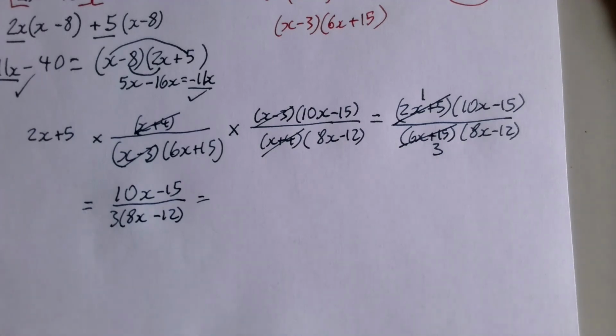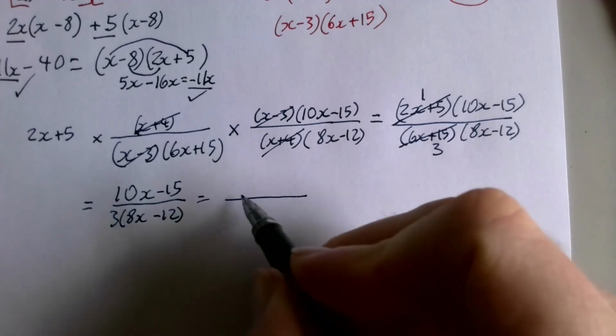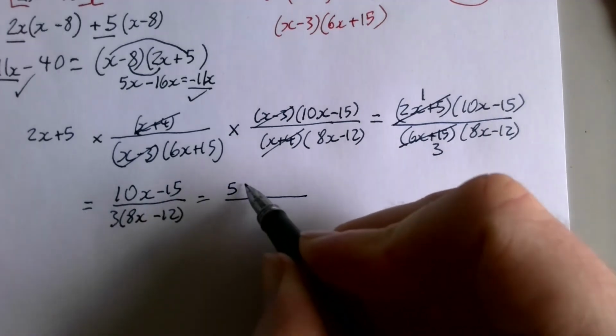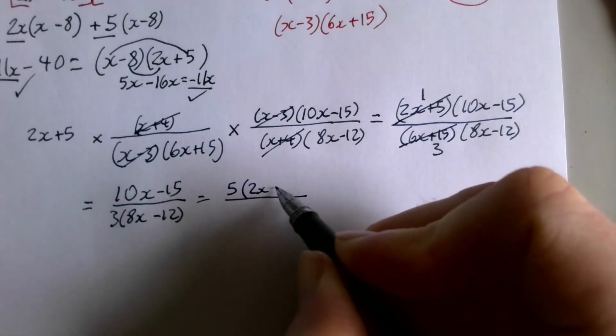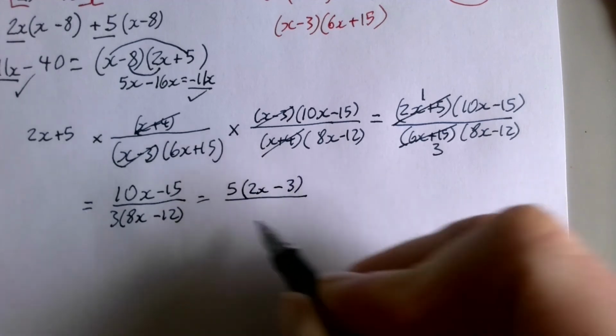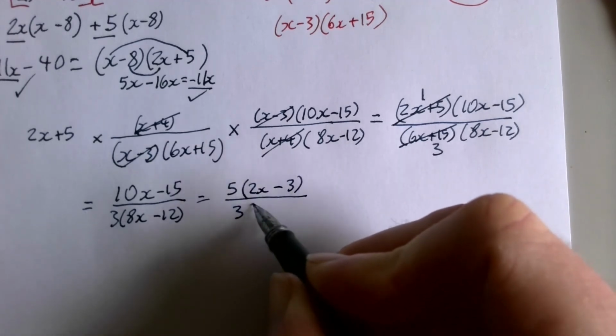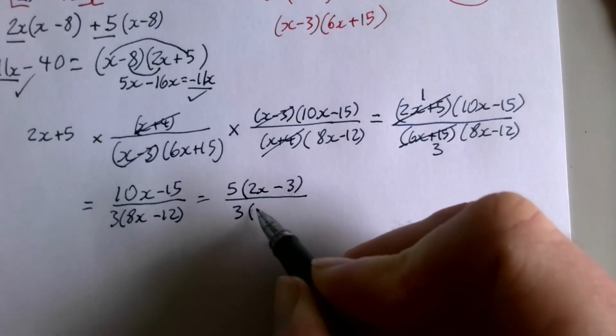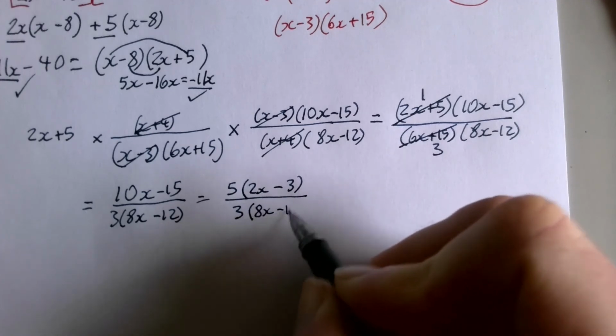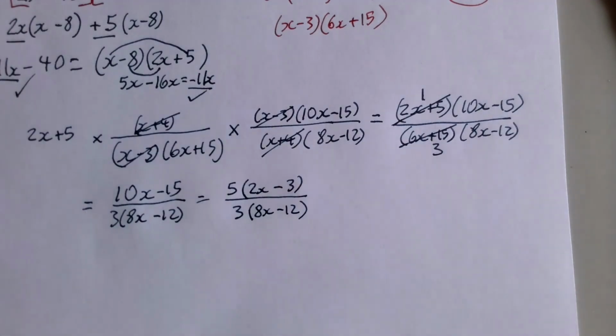Now, can we do anything with 10x take 15? I could factorize that, couldn't I? 5 goes into 10x 2x times, and 3 times into 15, and then I've got 8x take 12 on the bottom like that.